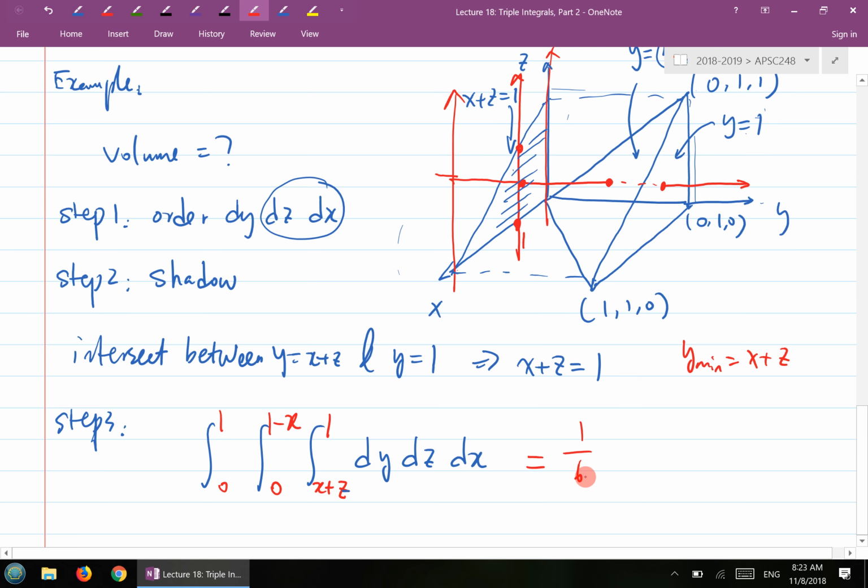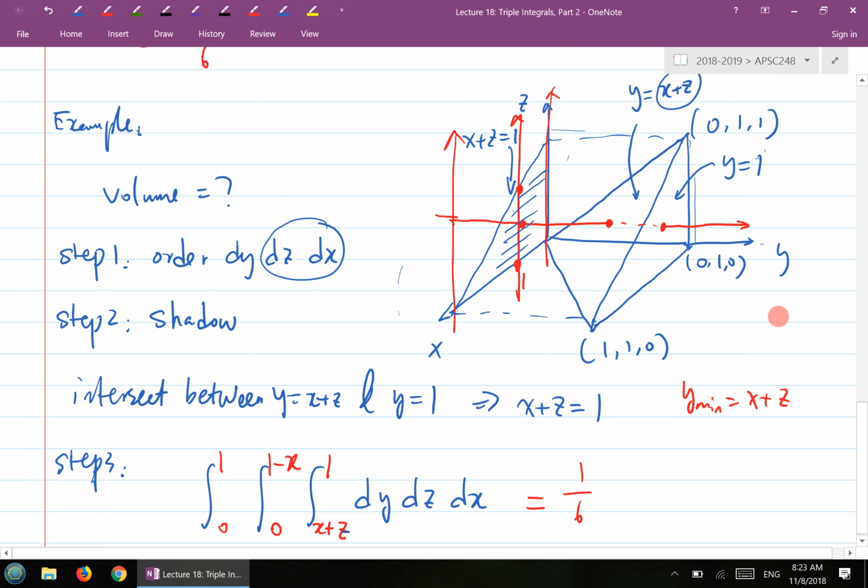So we always find the shadow, and then our limit is regarding the shadow instead of the object itself. The shadow gives you the limits for the last two variables. The first variable is decided based on the actual 3D object, but the shadow, of course, is also given by the region D, right? So it's directly related to the region D.